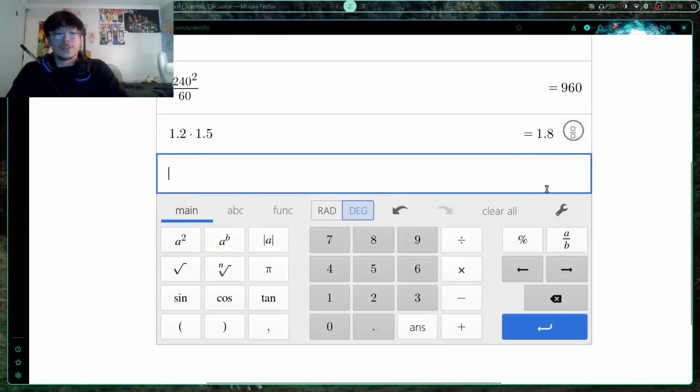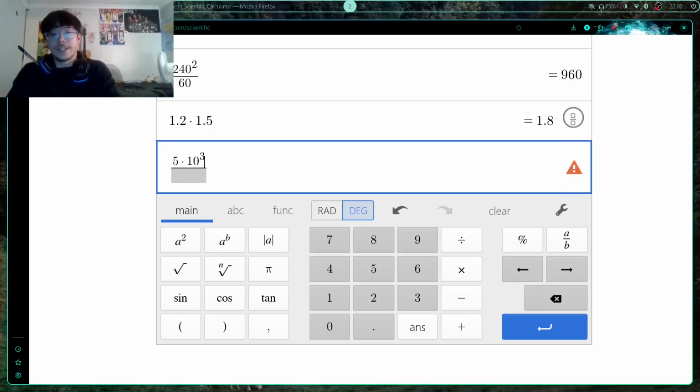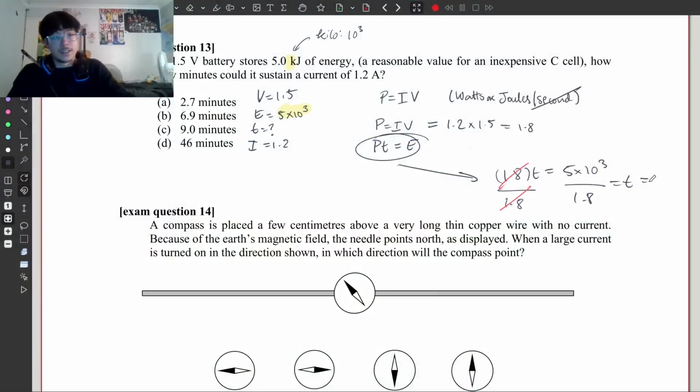So we do 5 times 10 to the 3 over 1.8, and we get this value here, 2,778 seconds, because we're all in SI units, and our answer is in minutes.